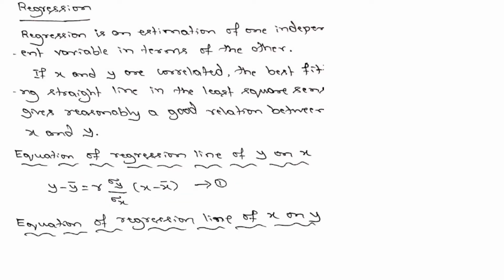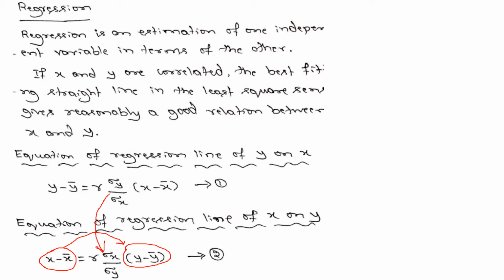Similarly, we can write the equation of the regression line of x on y. On the left side we will get x minus x bar, and the right side will have y minus y bar. If we want the line of regression of x on y, we write this formula, and there is a change in the coefficient also like this. Here we have sigma y by sigma x, here we have sigma x by sigma y.